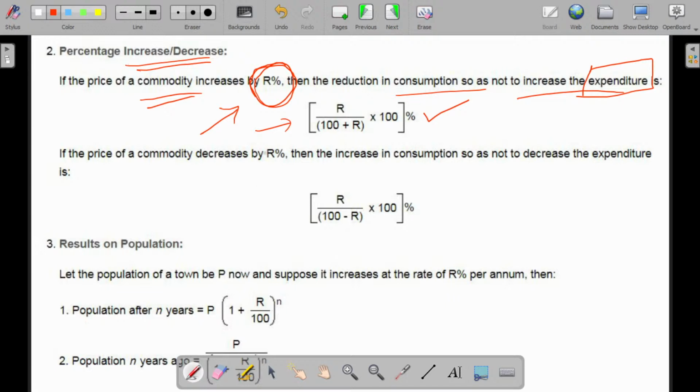Suppose the price of the commodity decreases by R percentage, then it is R divided by 100 minus R into 100.